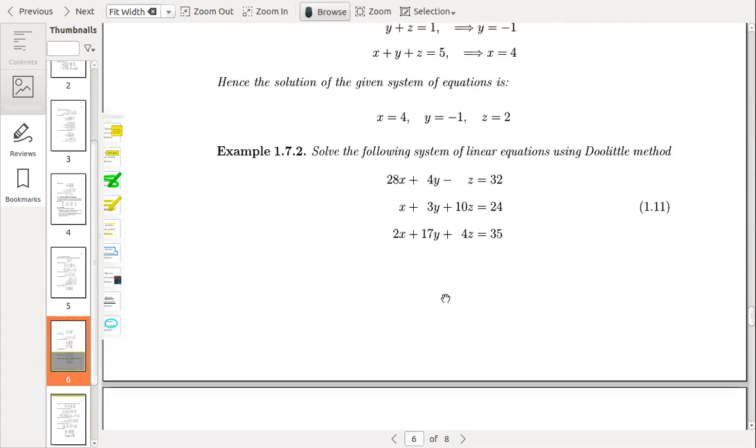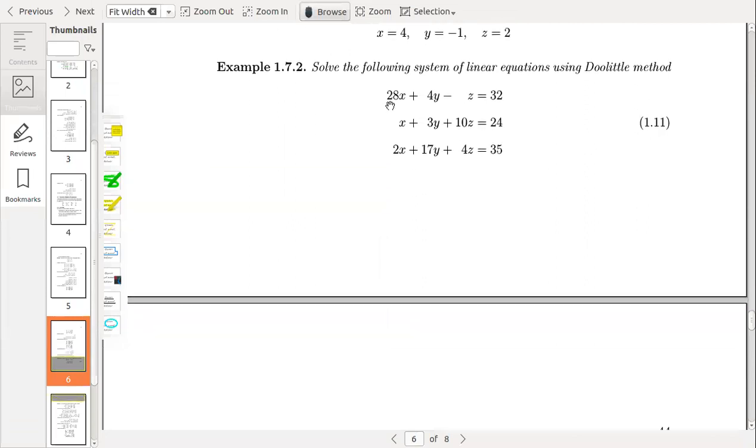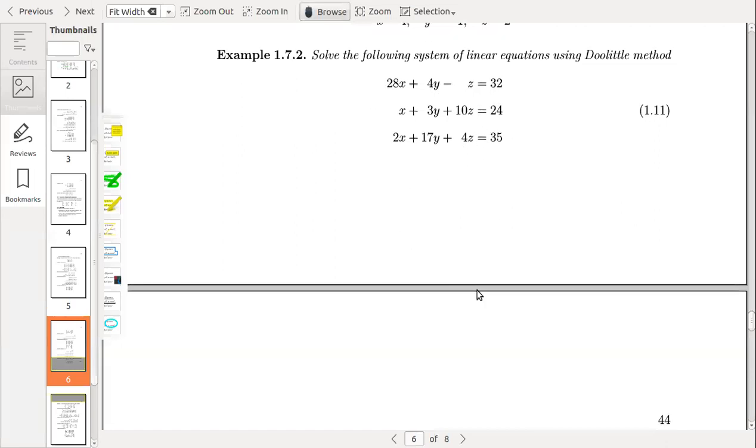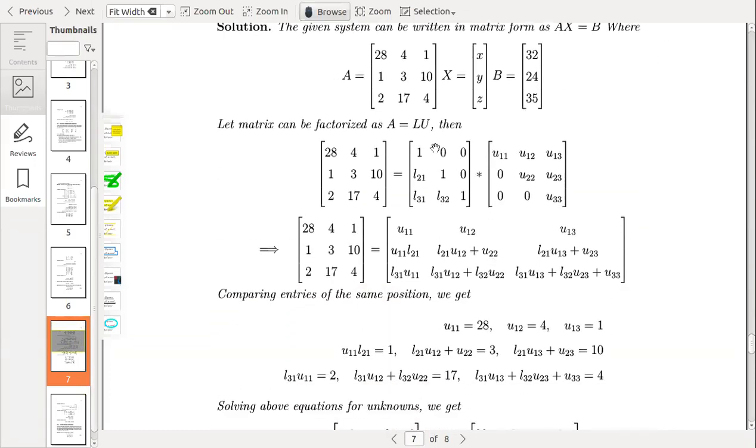In the second example, solve the following system of linear equations using Doolittle's method. It's the same: 28x plus 4y minus z equal to 32. So this is an example. We make a system of equations and then write it as a product of two matrices, that is, a unit lower triangular matrix and an upper triangular matrix.